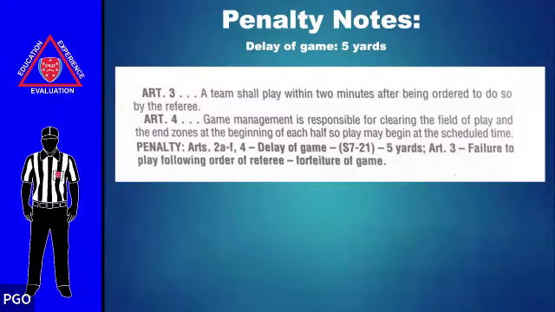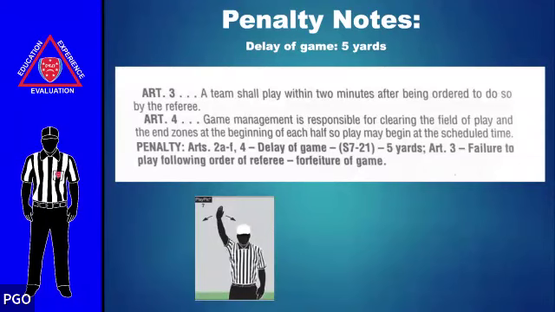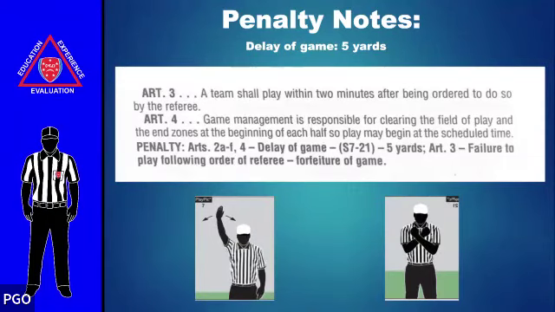So obviously a delay of game is a 5-yard penalty, but if you notice, it says Article 2A through F, delay of game, S7 through 21. When you see that, those are the signals that you're supposed to use when calling a delay of game foul, which is signal 7 and signal 21.